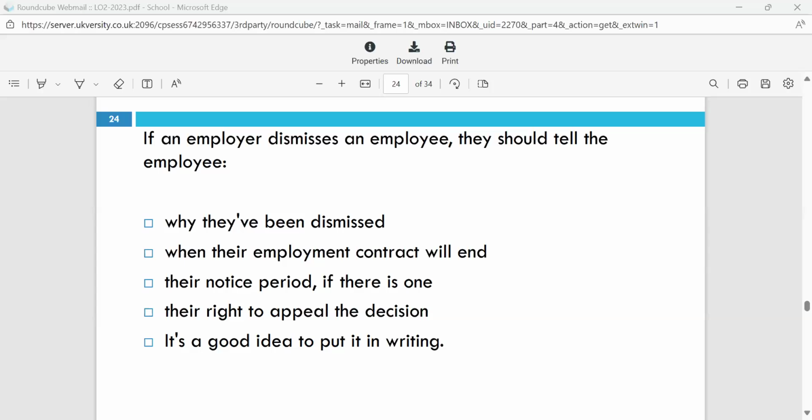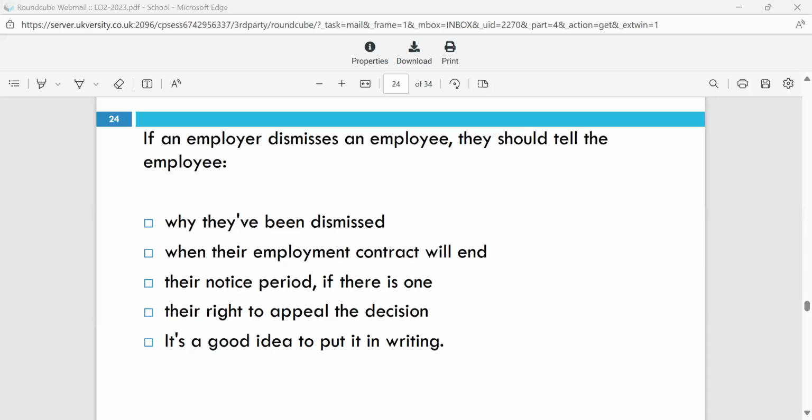Also inform remaining staff members about the departure while respecting the privacy of the dismissed employee, and communicate the final decision in writing after the appeal. So, you must be respectful of the individual employee's professional reputation. You can't just say, oh, we've dismissed them on this basis, and talk about it.